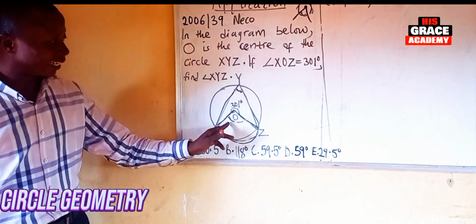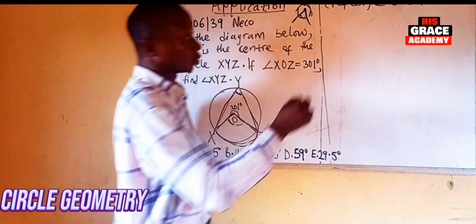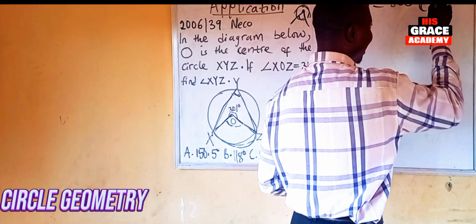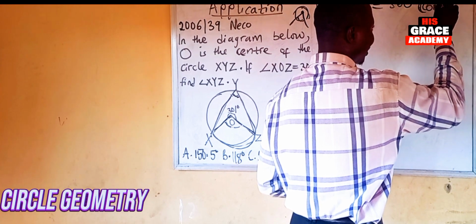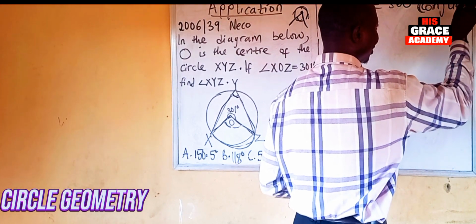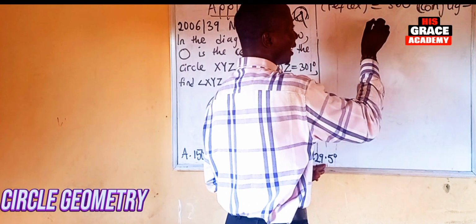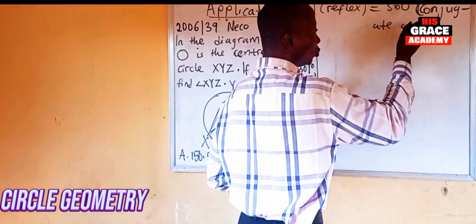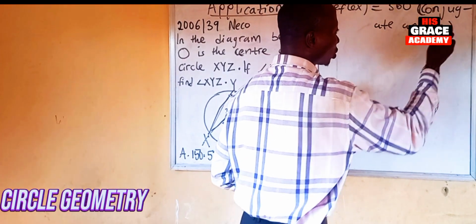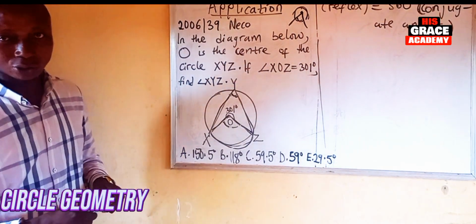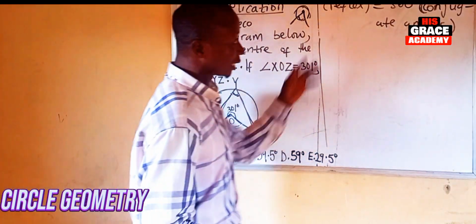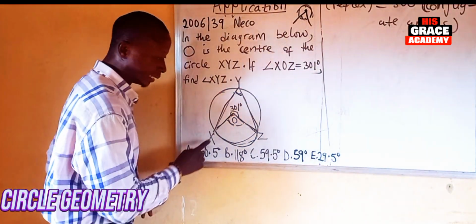That is the summation of angles at a point, or you just say conjugate angles. Conjugate angles are two angles that add up to 360 degrees.